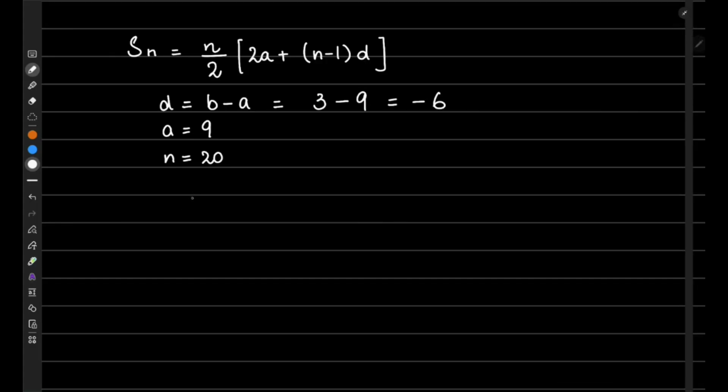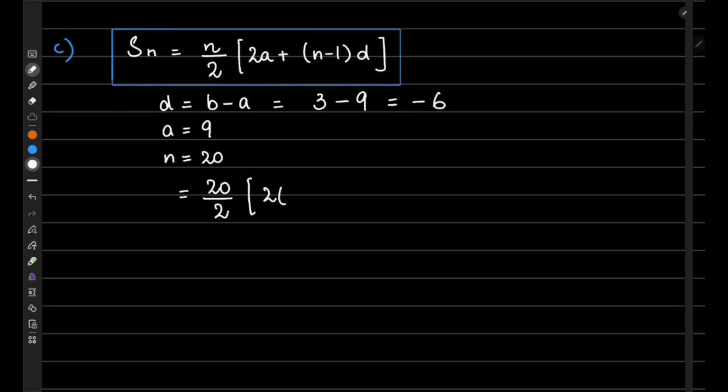So just plug in the values in the sum of n terms formula. So we will get 20 over 2 times (2 times 9 plus (20 minus 1) times common difference), which is 18 plus 19 times minus 6.